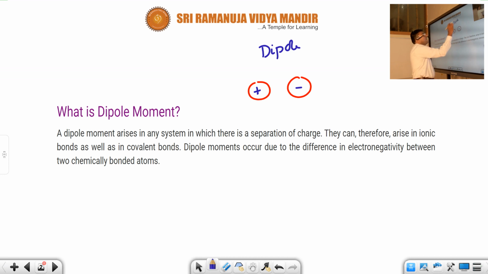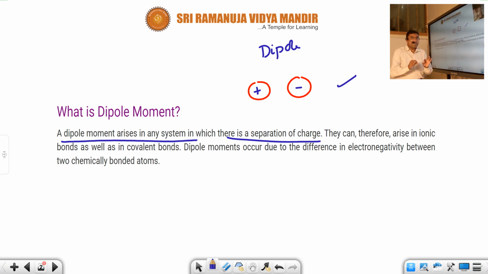Let us see what a chemical dipole is. Let's see the definition of dipole moment. The dipole moment arises in any system where there is a separation of charge. I have shown you the separation of charge.